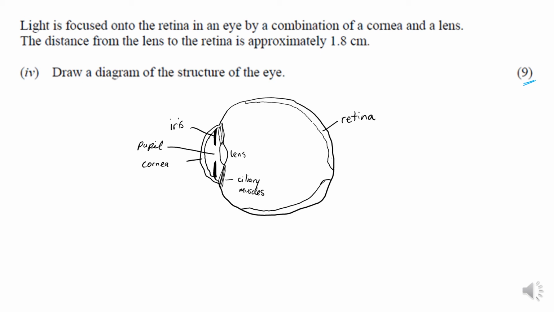Okay, and it's full of nerves as well, which come together and they leave the eye, making their way towards the brain via the optic nerve. And then the brain forms a picture. Now that's enough, I believe, for physics. For biology you probably need far more detail. So this is enough to track the light.